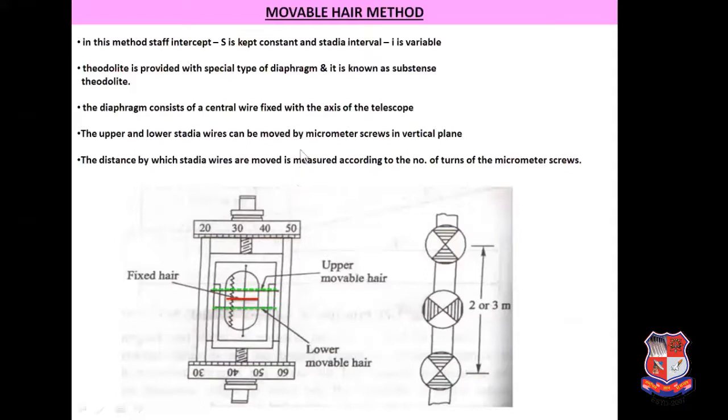These hairs can be moved by the micrometer screw which is provided with the vertical plane. The distance by which the stadia wires are moved is measured according to the number of turns of the micrometer screw. You can see in this figure, targets are given: top target, center target and bottom target, and the distance between the top and bottom target is generally kept 2 to 3 meters.